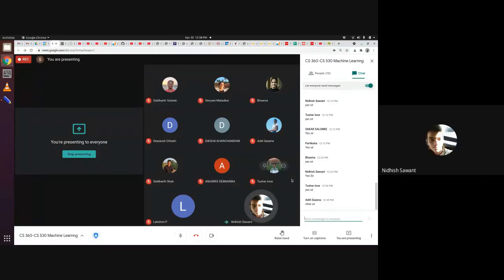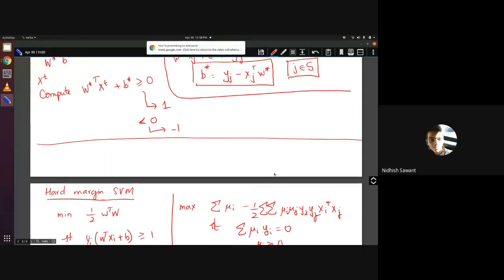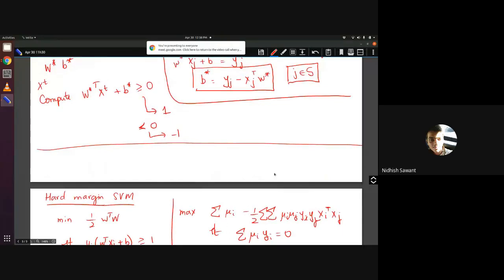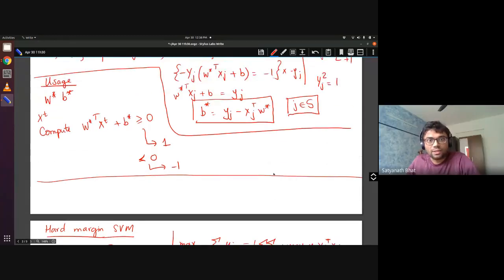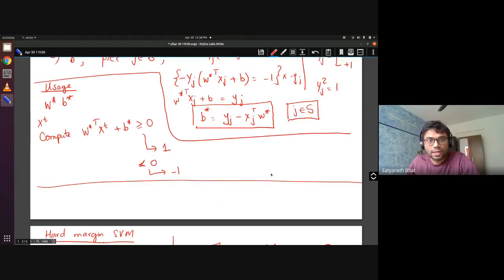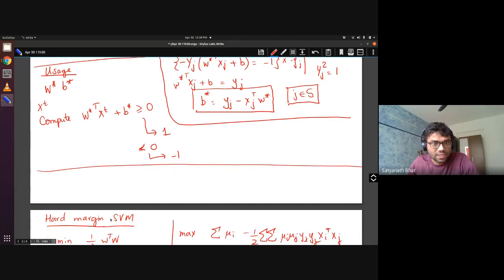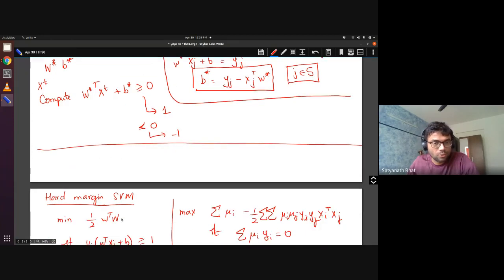I have a doubt. I understood the method of how we find the mu i's and the w's, but will the margin always be equal to 1? Yesterday when I told you, it can be some epsilon, but I can always remove that epsilon by multiplying by an appropriate factor. I understand your question.